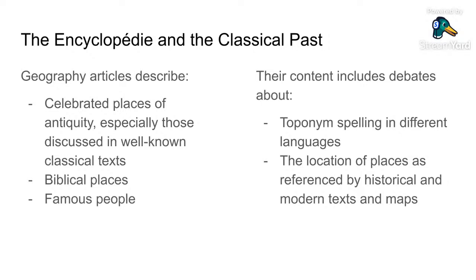And so it's quite interesting for us to speak with classicists to see what has changed in terms of our understanding of the locations and the histories of these places from the 18th century to today, and the way they might be written about in places like Wikipedia.